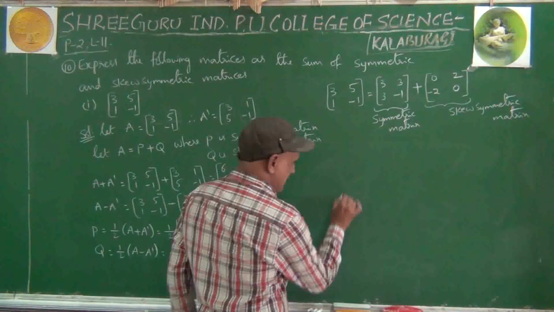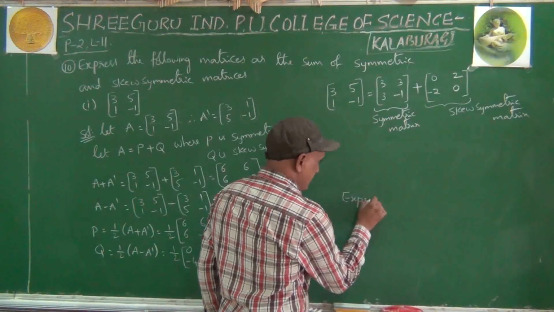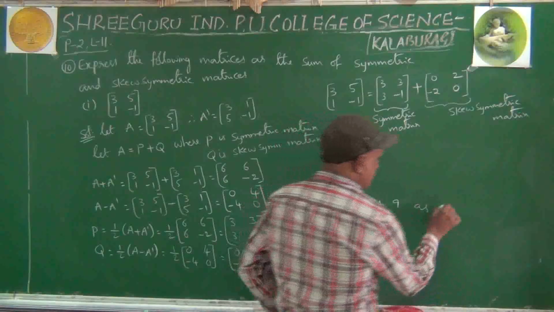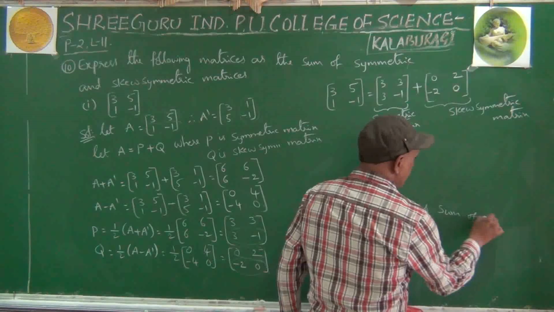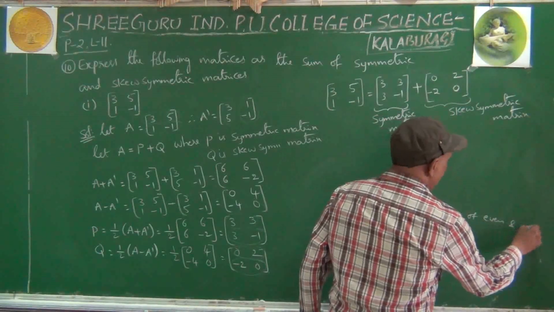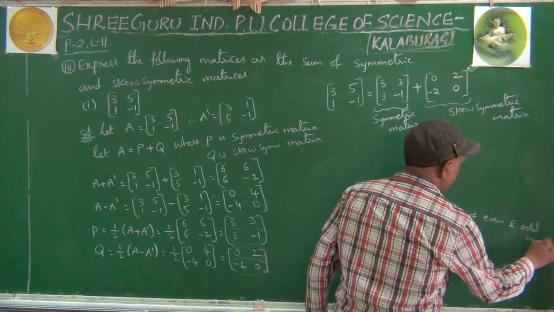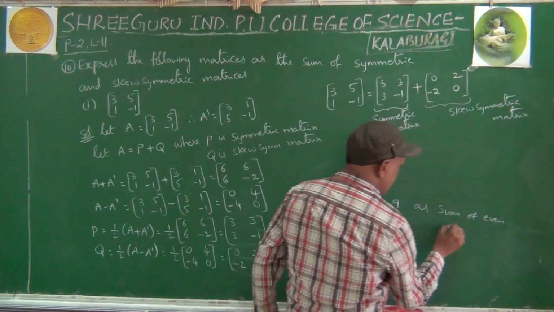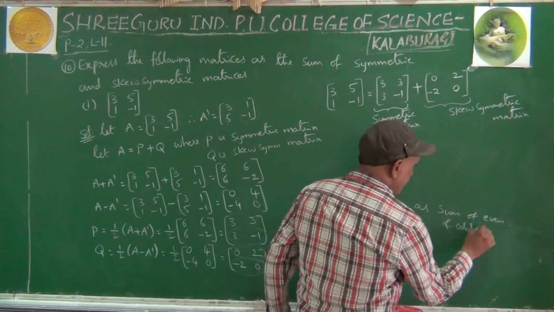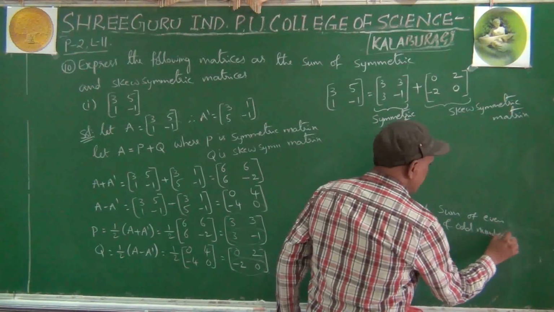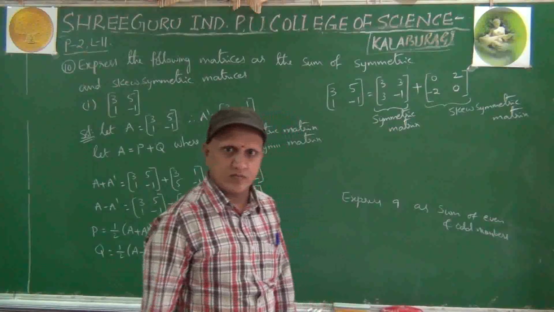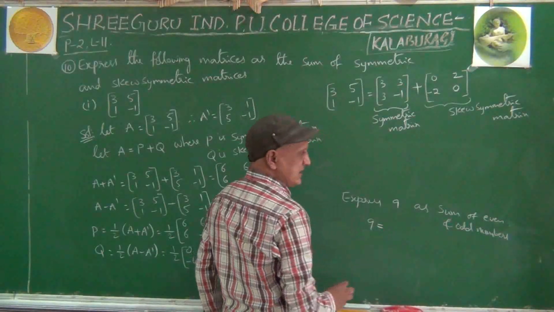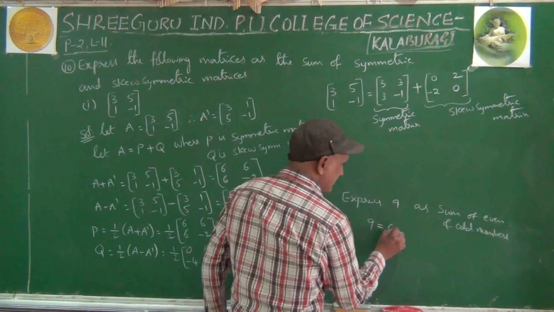Okay, express 9 as the sum of even and odd numbers is the question.